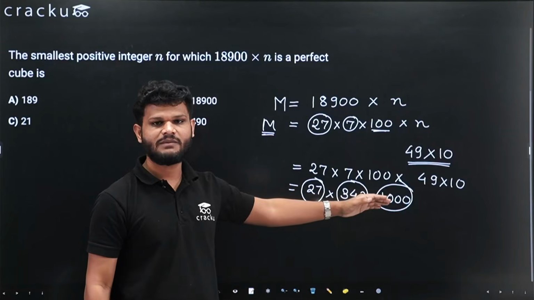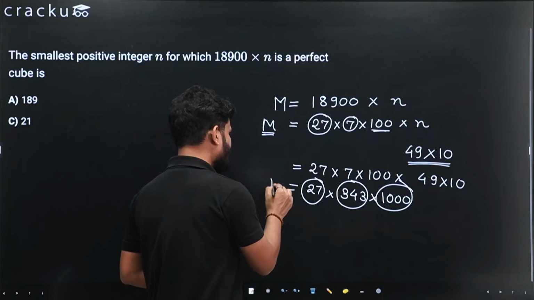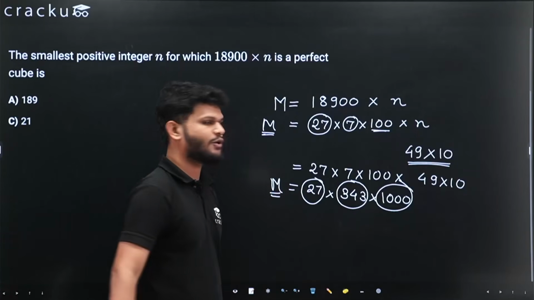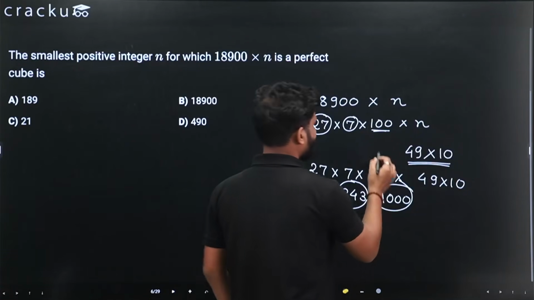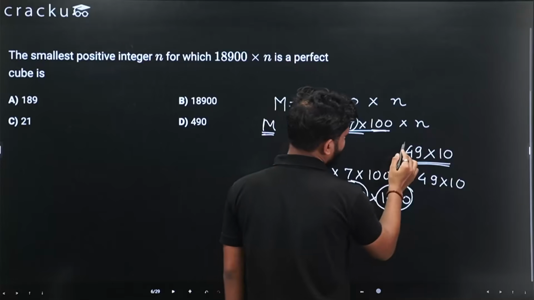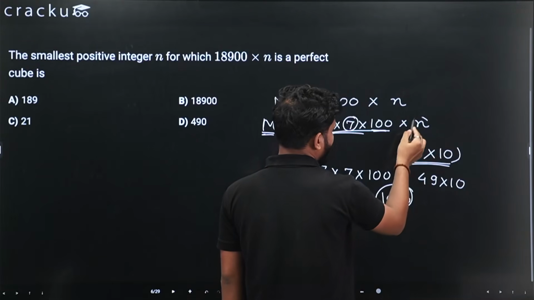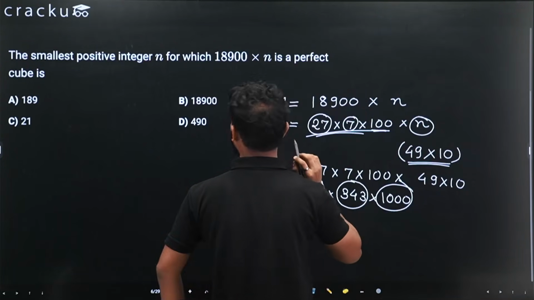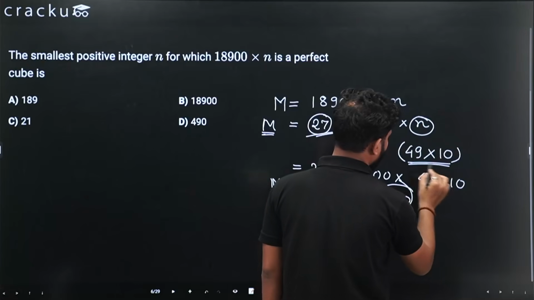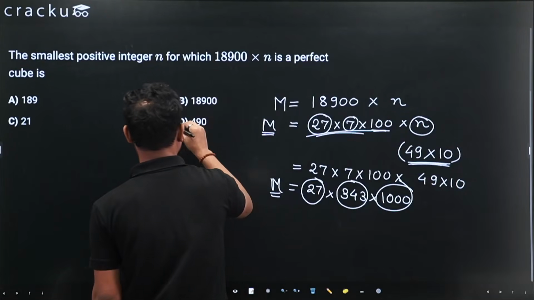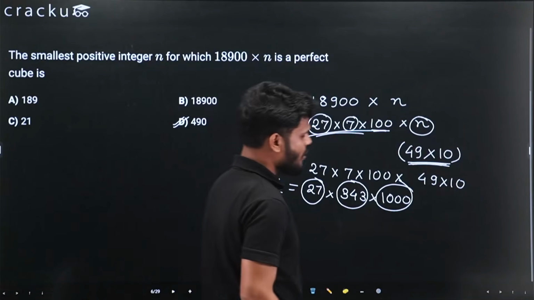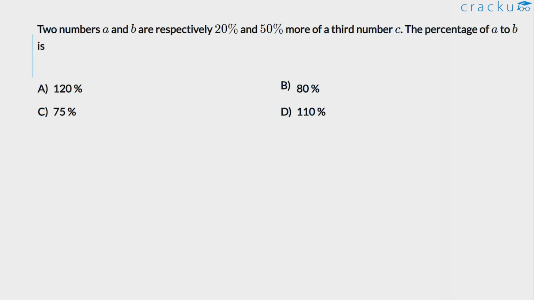So all the terms are perfect cubes, so the product will also be a perfect cube. The minimum number by which we should multiply is 49 into 10. So the value of n, the smallest positive integer, will be 49 into 10, which is 490. Hence, option D is the correct choice.